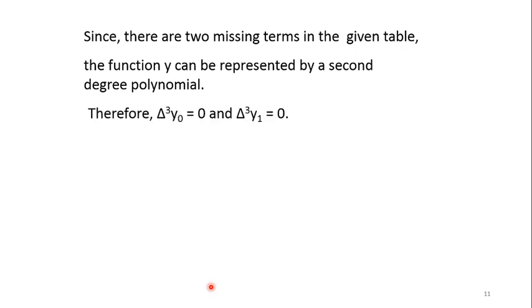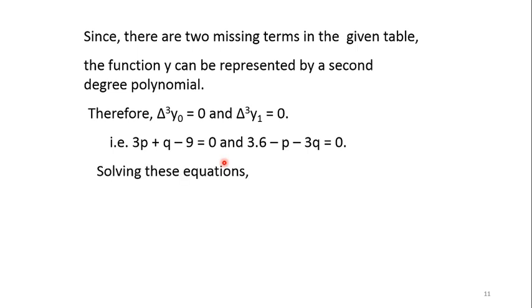Therefore, on putting delta cube y0 equal to 0 and delta cube y1 equal to 0, we get from the table 3p plus q minus 9 equal to 0, and 3.6 minus p minus 3q equal to 0. Now you solve algebraically these two equations for p and q. We get p equal to 2.925 and q equal to 0.225.